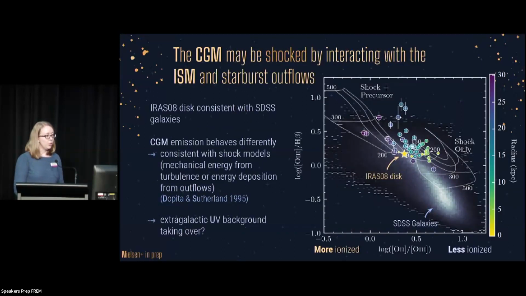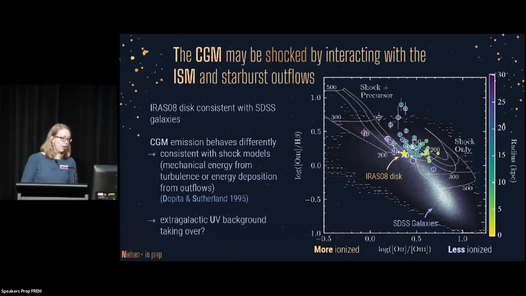Another thing it could be doing is being shocked. So it could be that mechanical energy from turbulence or energy deposition from outflows is shocking this gas. So it could be interacting with the ISM or the starbursting outflows in this disk. And it seems to be the case. So here we have a different set of line ratios that give you an idea of shocks in the gas.